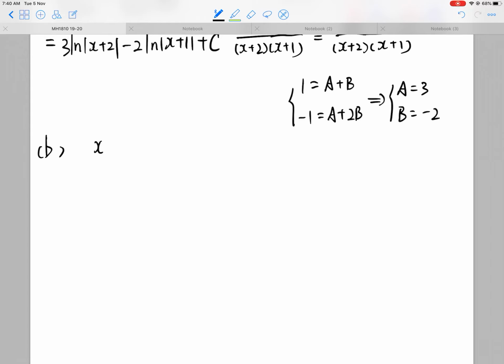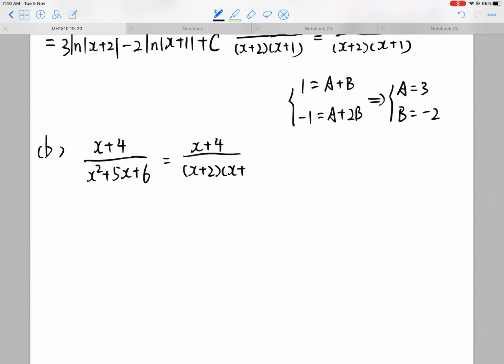So part 2, again, we deal with the fraction first. It's (x plus 4) over (x plus 2) times (x plus 3).